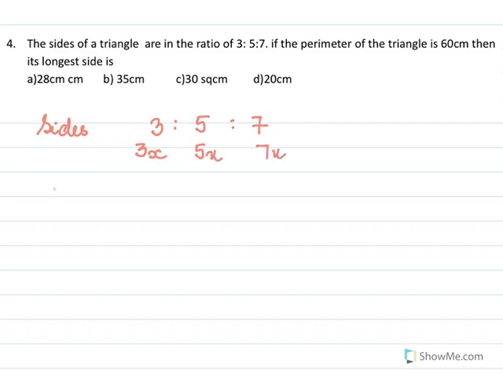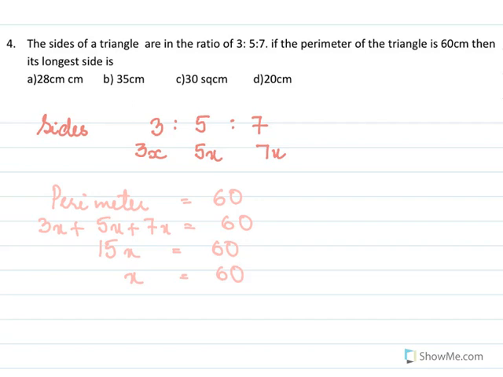Now perimeter is given as 60 centimeters. So the sum of the sides, that is 3x plus 5x plus 7x equals 60. So 15x equals 60, x equals 60 by 15, so x equals 4.